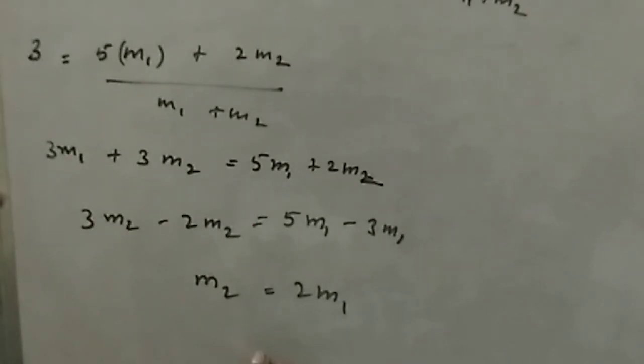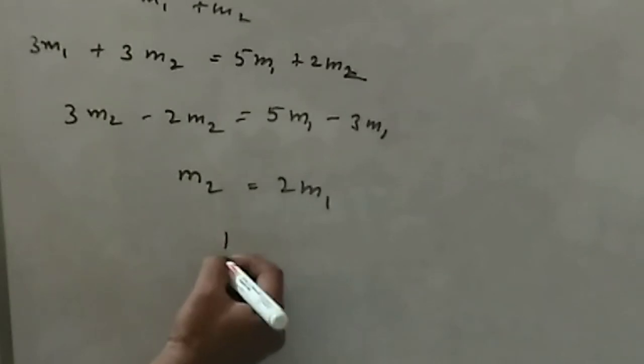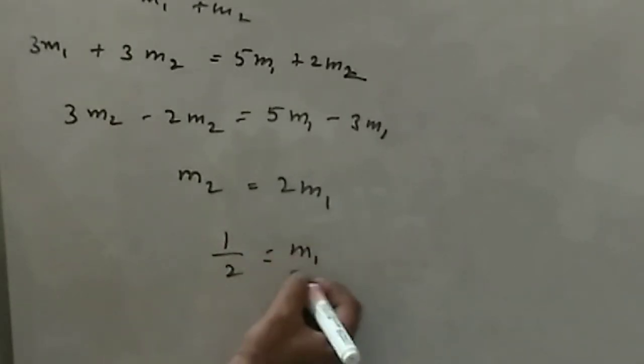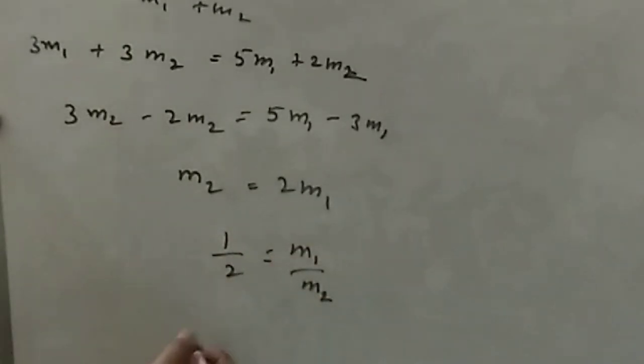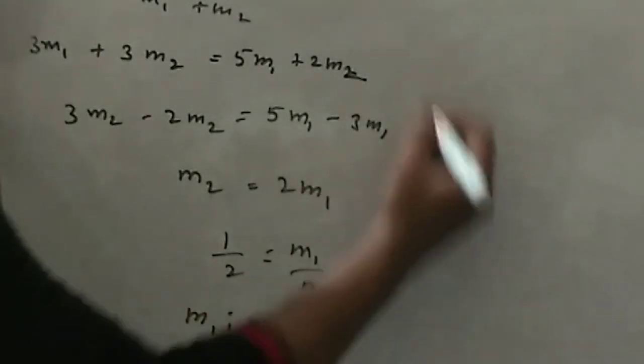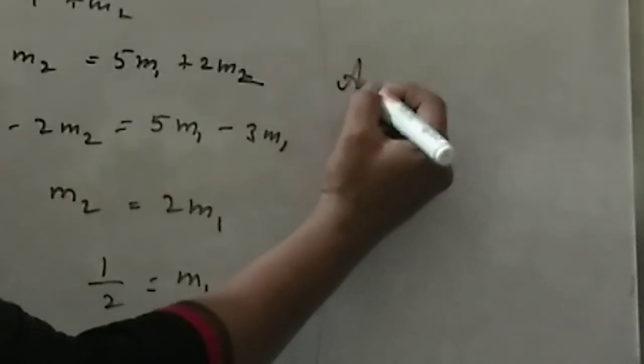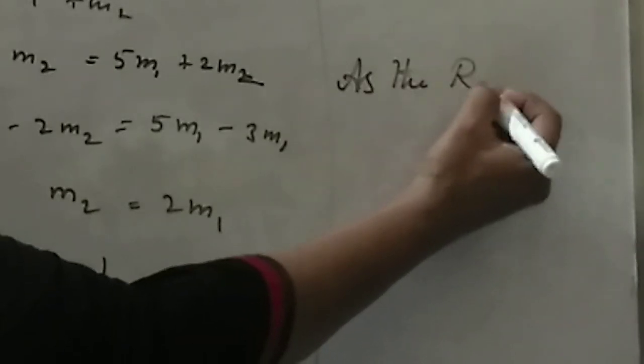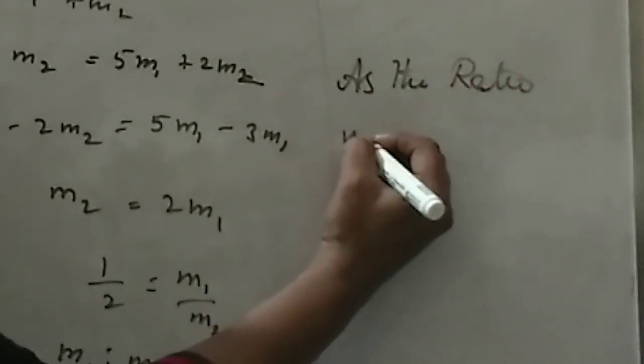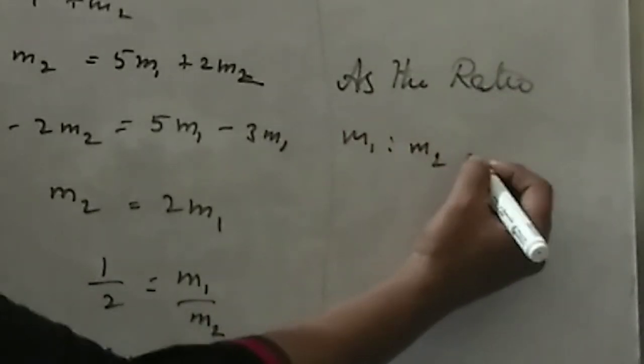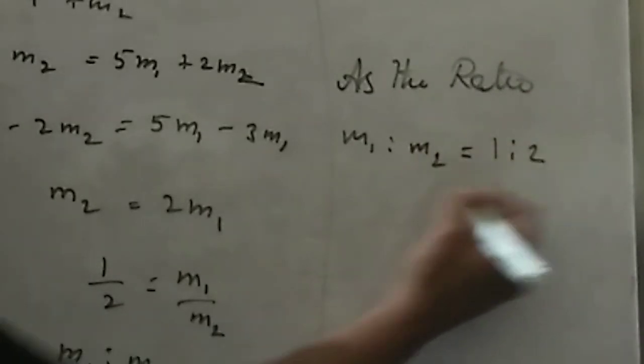So you will get m2 is equal to 2m1. Now write the ratio 1 upon 2 is equal to m1 upon m2. So the ratio m1 to m2 is 1:2. Now we write the answer: the ratio m1 is to m2 equal to 1:2.